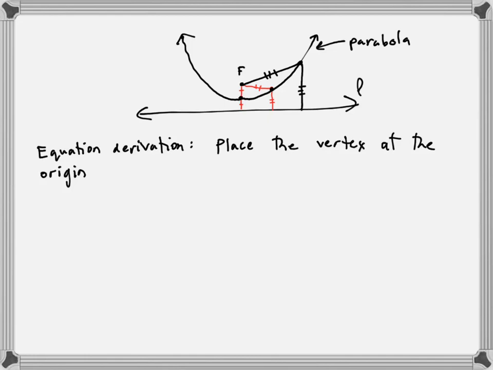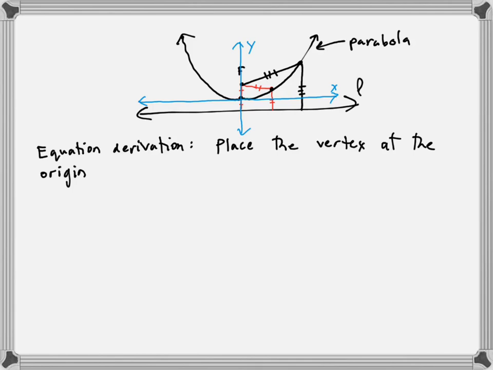I'm going to draw a blue coordinate system here. What I'm going to do is I'm going to make this the y-axis. And then I'm going to make this the x-axis. This is x and this is y. Okay? So you could see that I put the origin as the vertex, right?